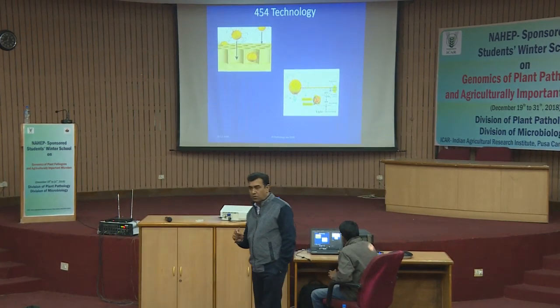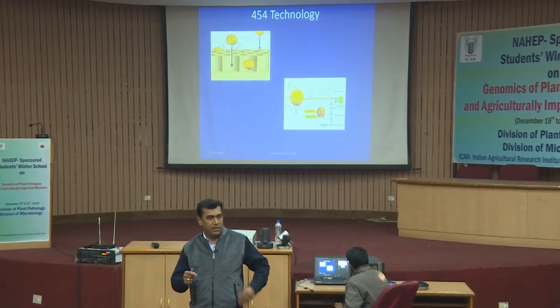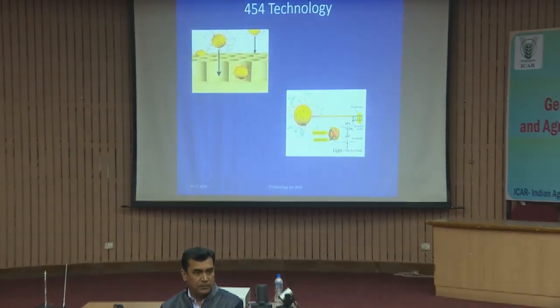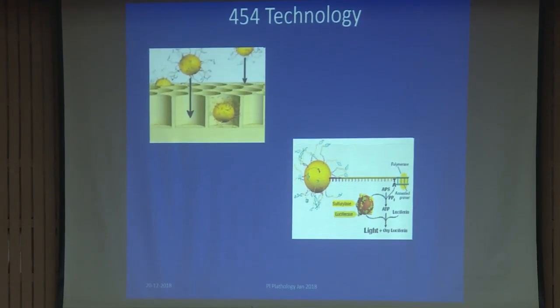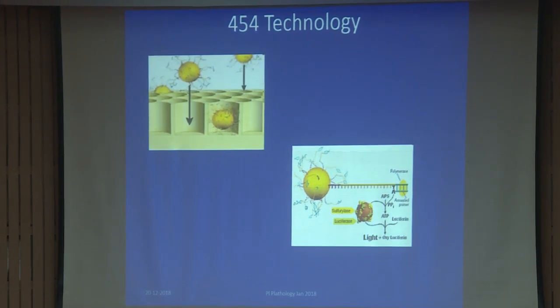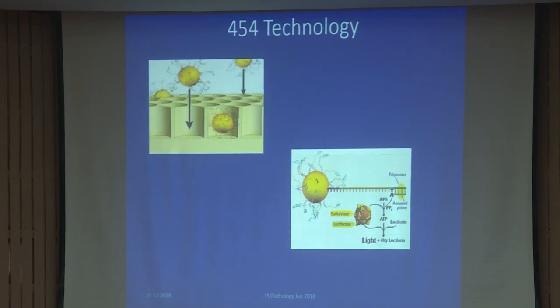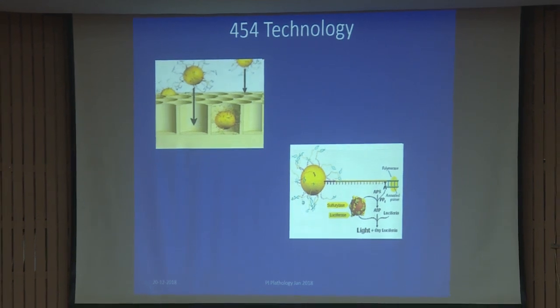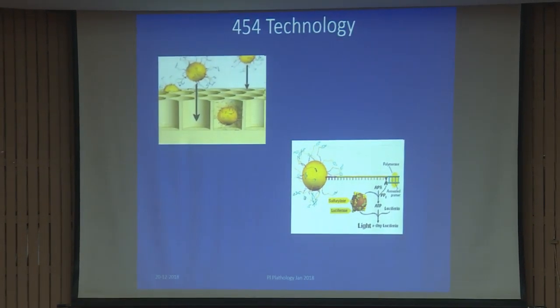Remember, not all 4 bases are added at the same time. One base is added, and wherever it gets attached, light is given, so the computer knows that this A has been added. Wash, add the second base G, look for light, add the third base C, then T, and keep on doing it. Sequentially, one after another, the bases are added and the light is recorded and the sequence grows.